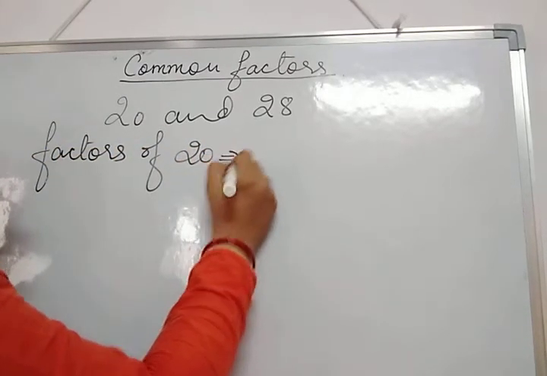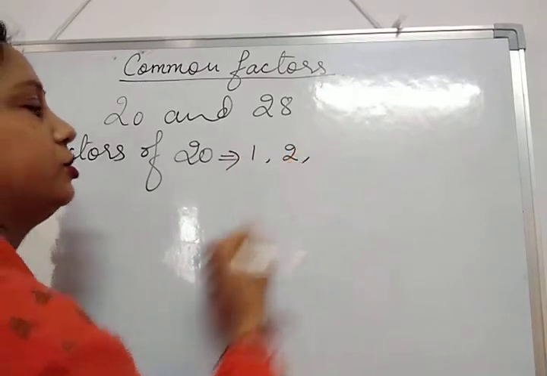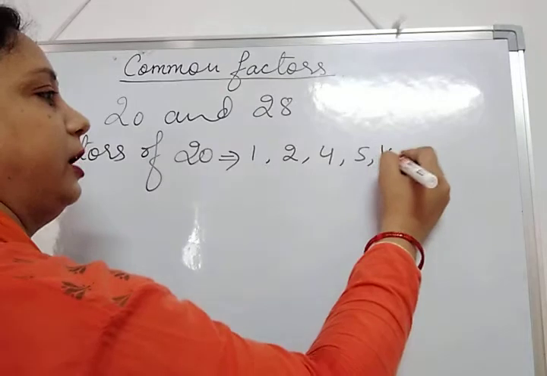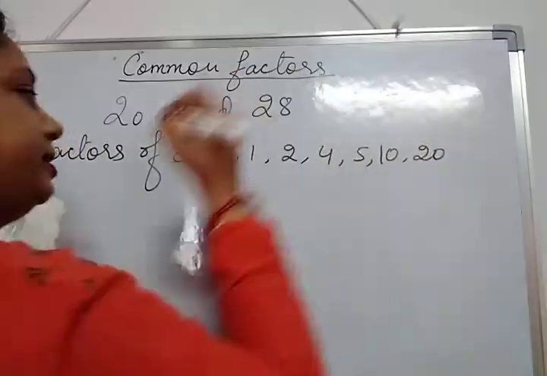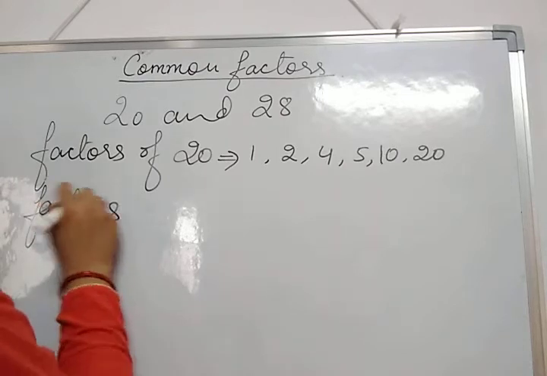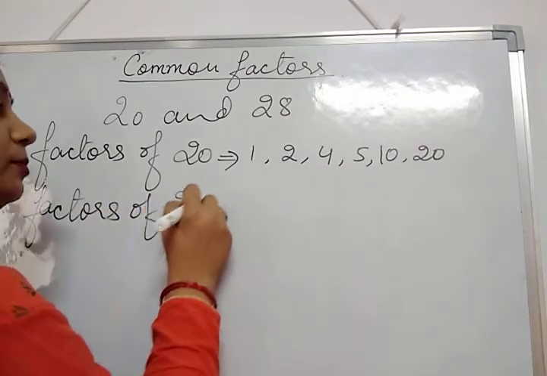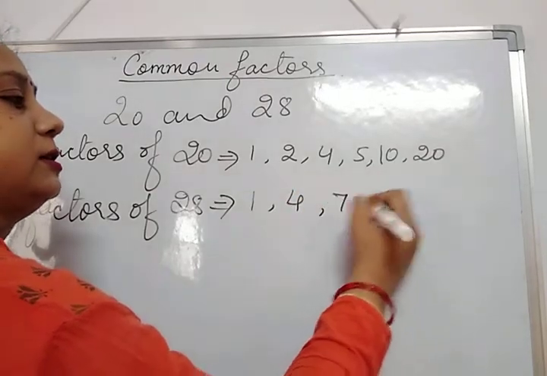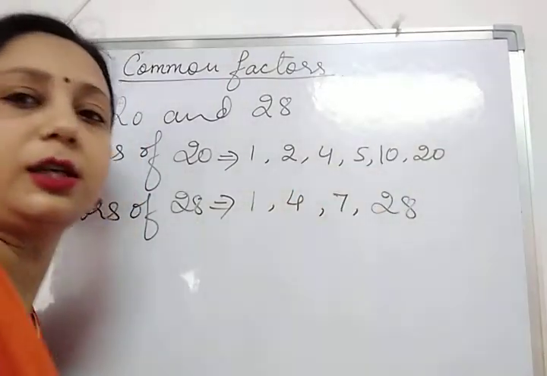Factors of 20 are 1, 2, 4, 5, 10 and 20. And the factors of 28 are 1, 4, 7 and 28.